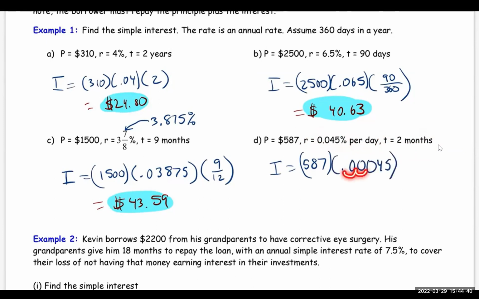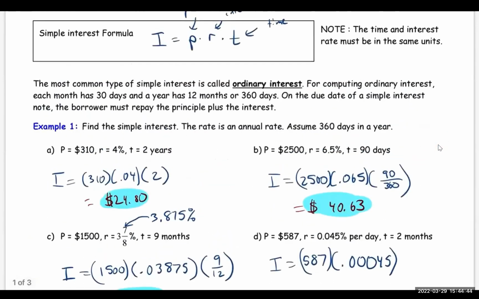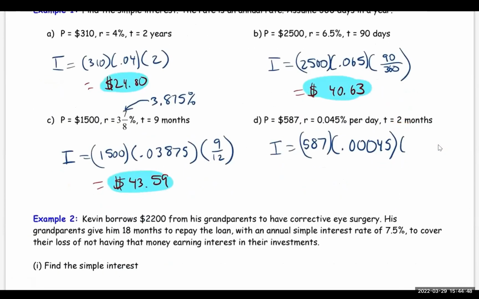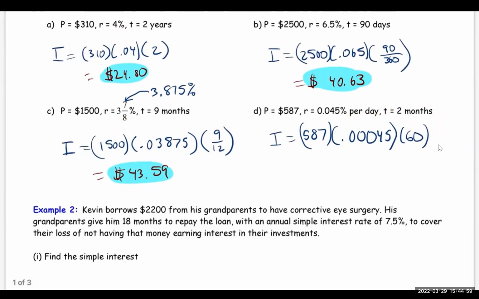And then 2 months, since each month has 30 days in it, you're supposed to multiply this by 2. 30 times 2 is 60. The only reason we converted this to days is because this says per day. If it doesn't say anything, then it's per year, like the others. So if we do this on our calculator, we get $15.85.